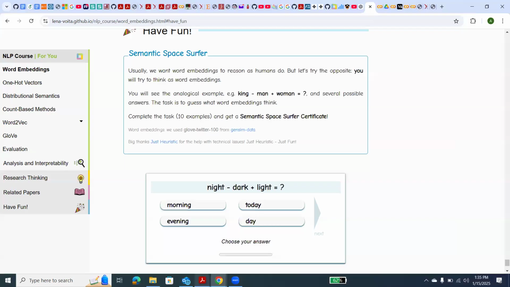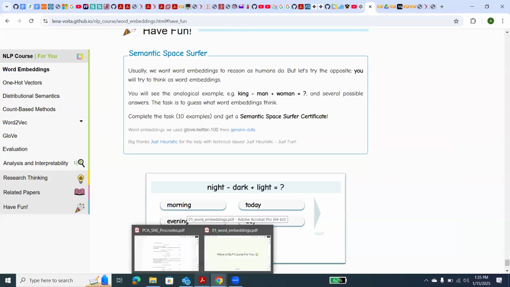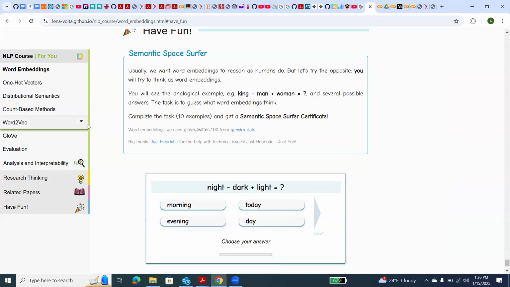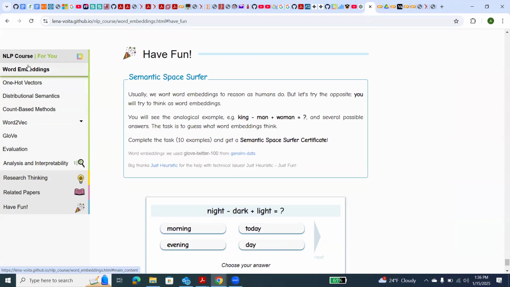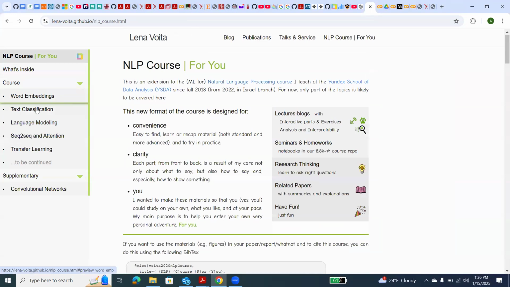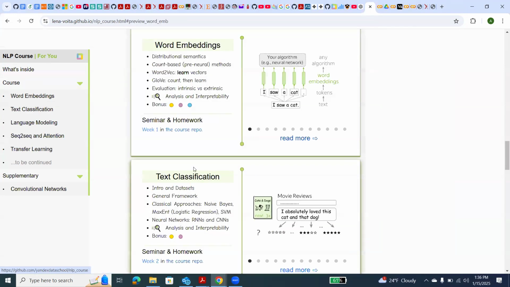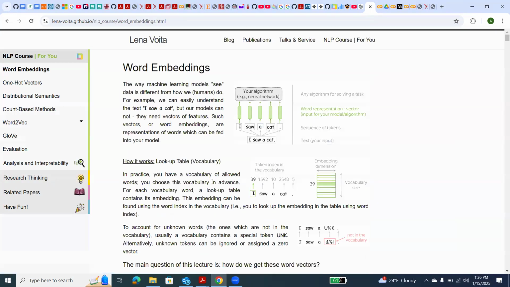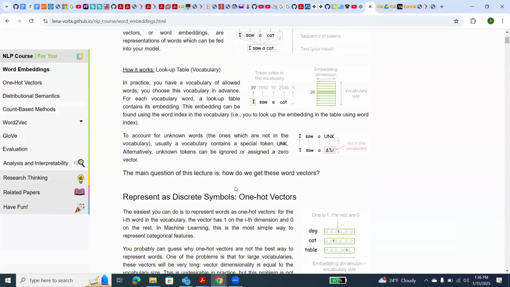Is that true for almost every language? It's a good question, and actually the answer is in this course, for word embeddings, and there is extra reading. The answer is that the rotation works for similar languages like Italian, Spanish, or Slavic languages, Russian, Ukrainian.